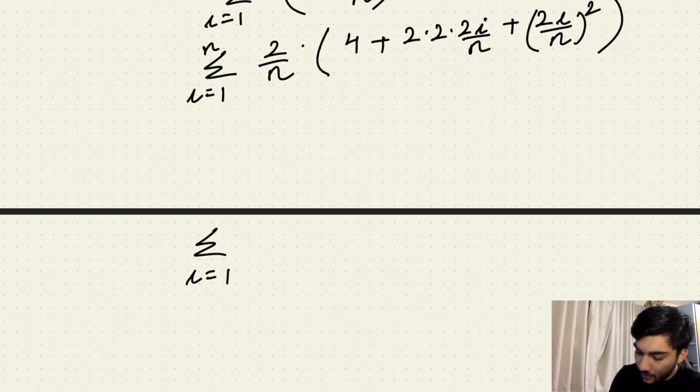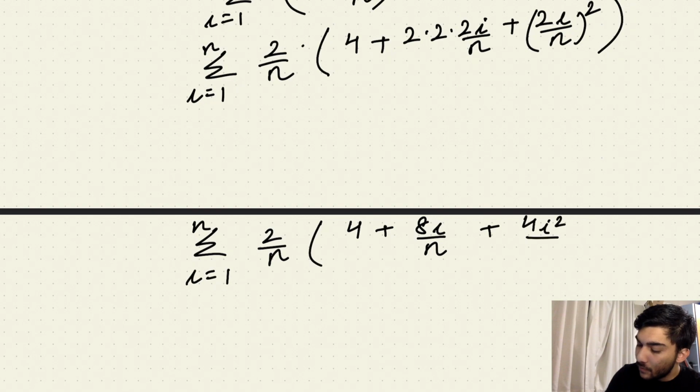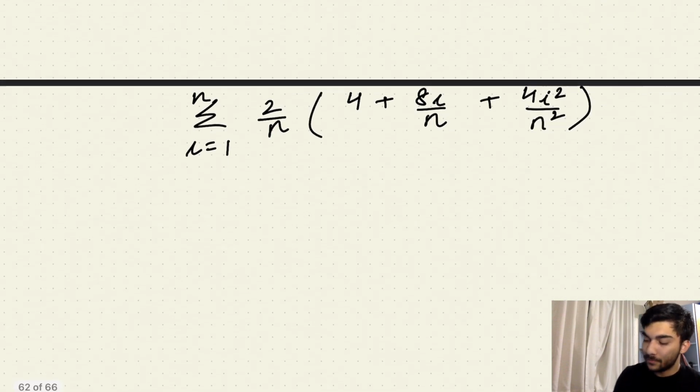And if we further simplify it down, it would become 2/n, this is 4, and this is 8i/n, and this would become 4i square/n square.